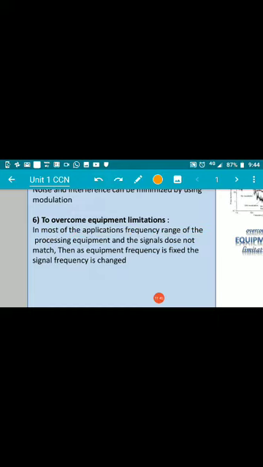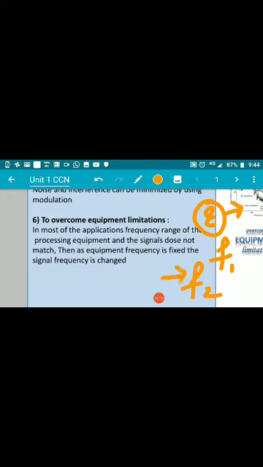If I have an equipment E and the frequency on which this equipment works is f1, and the frequency that I have as a signal is f2, as the frequency is different, the equipment will not function properly for the frequency f2.